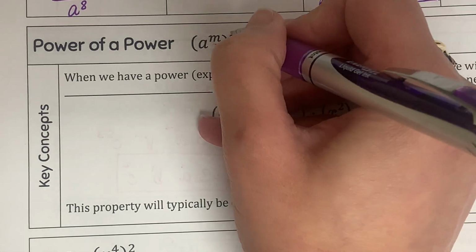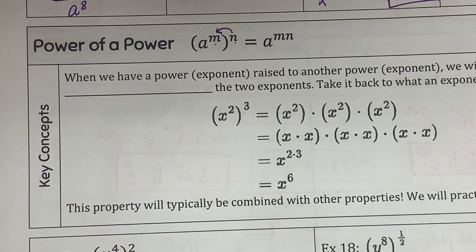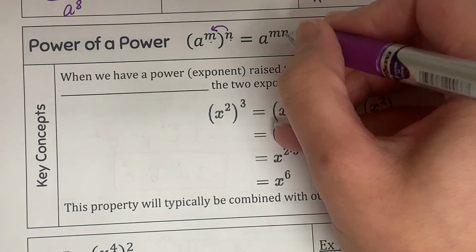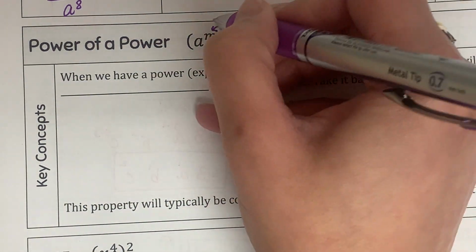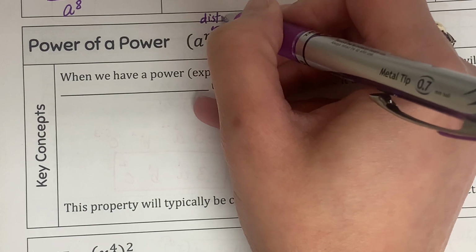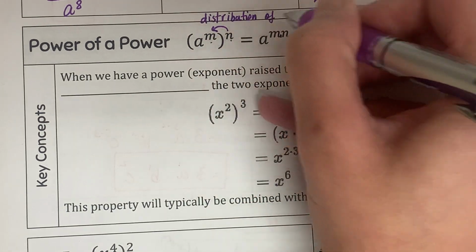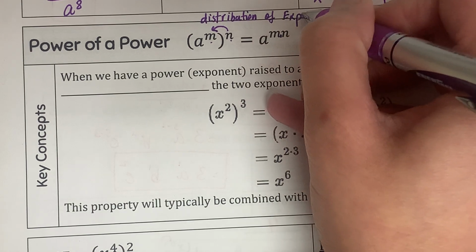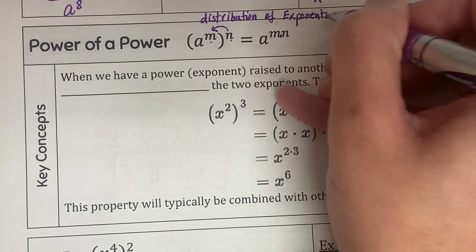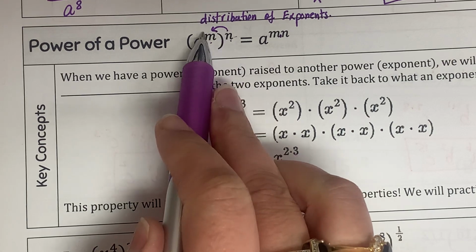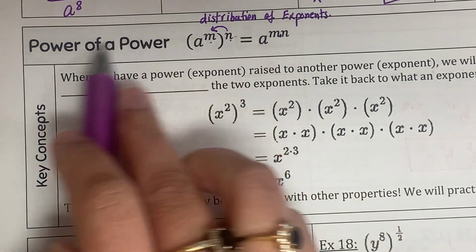In this case, it's just distribution. You just multiply them together. So this is distribution of powers. Distribute that exponent over whatever the things that you have.